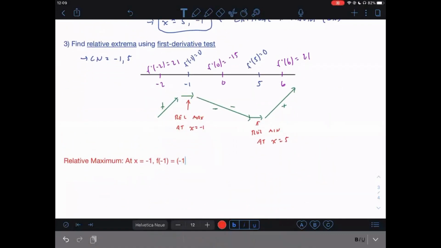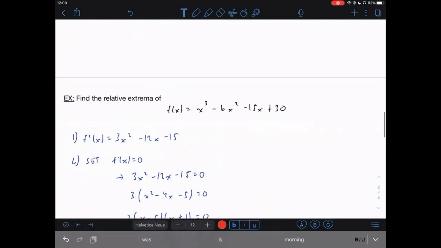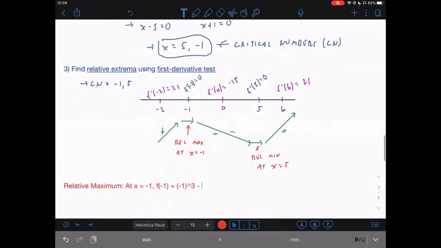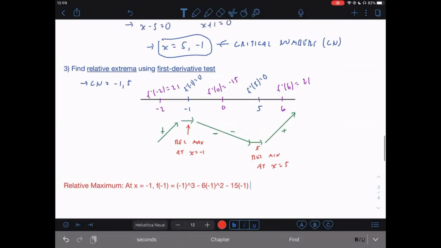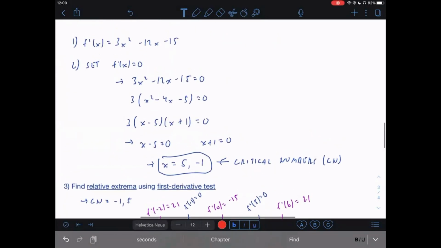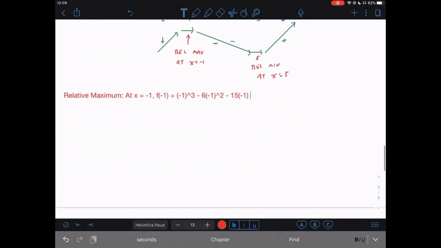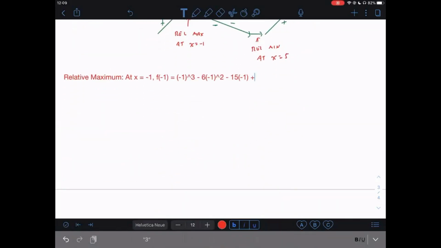So we're going to take -1 to the third power minus 6x squared, so minus 6 times -1 squared, minus 15x, so minus 15 times -1, and then plus 30 to give us 38.